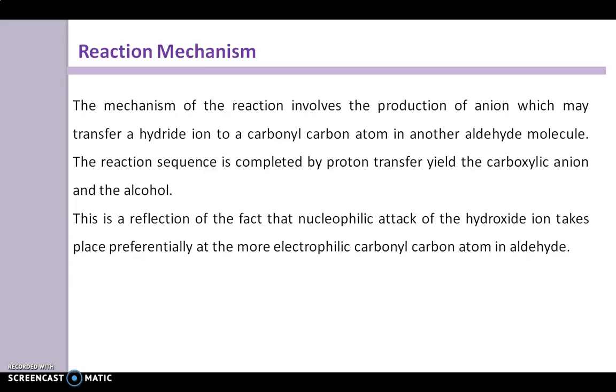This is a reflection of the fact that nucleophilic attack of the hydroxide ion takes place preferentially at the more electrophilic carbonyl carbon atom in the aldehyde, and the reaction proceeds. So in the next slide we discuss the different steps involved in this.